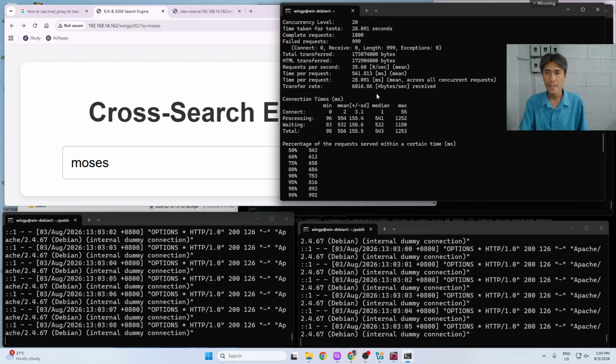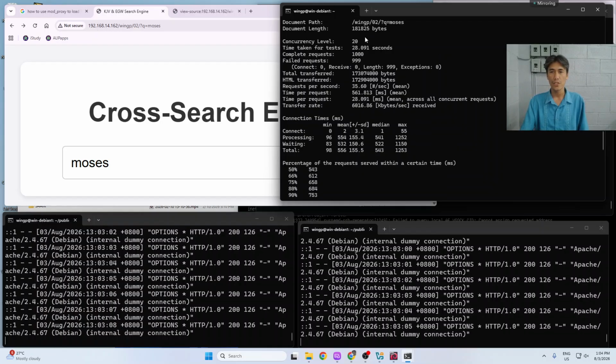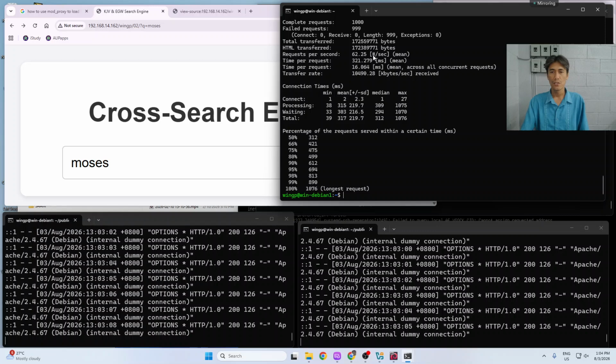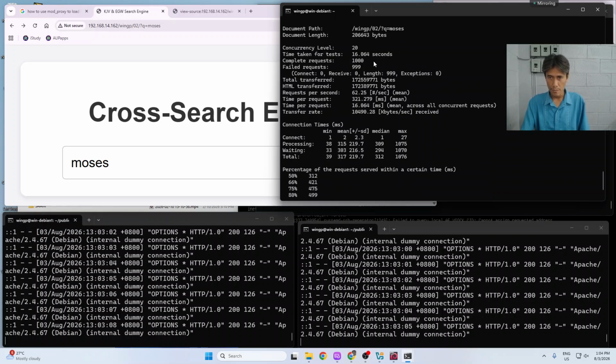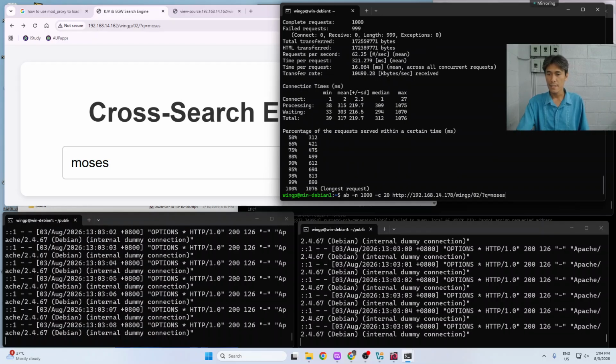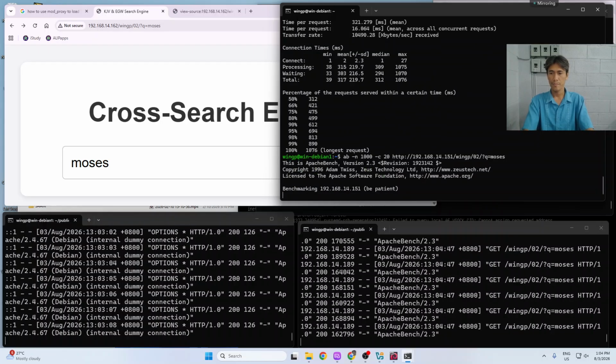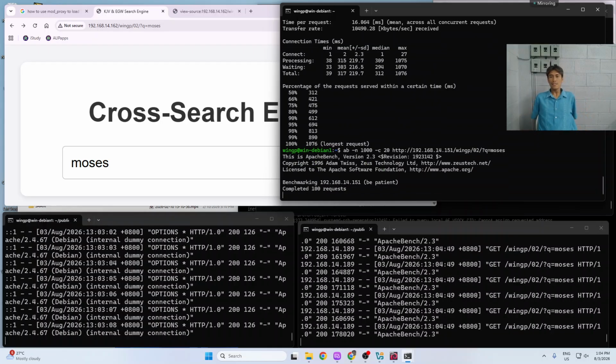Okay. So the time taken is 28 seconds for one host. For both hosts, 16 seconds. Almost double. Let's test the other one. Let's test 151. Okay, let's test the other machine.